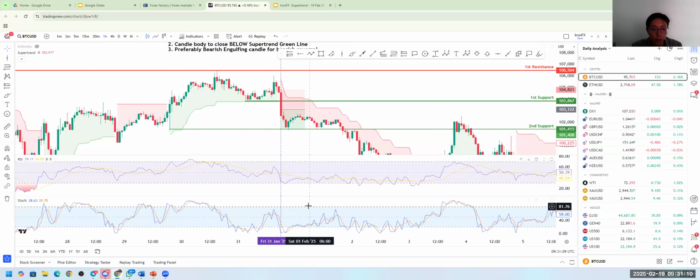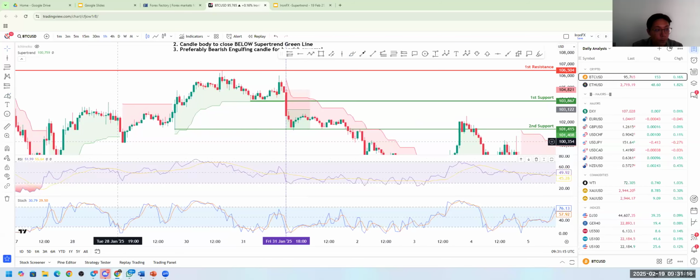Okay, you can see there is a difference between RSI and stochastic. Right here, we can see the crossover, but stochastic was earlier. Stochastic was right here when it happened. That is quite an early signal as compared to RSI.